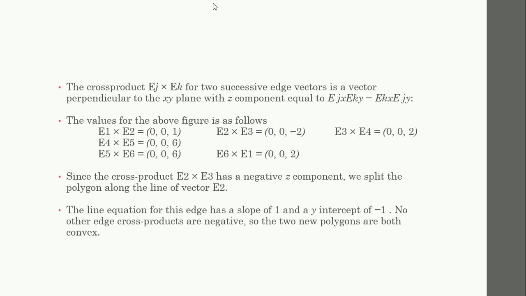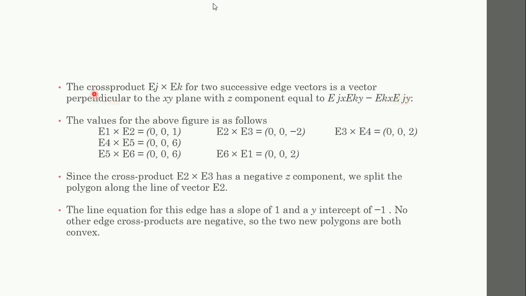So the cross product Ej cross Ek for two successive edge vectors is a vector perpendicular to the xy plane with z component equal to Ejx Eky minus Ekx Ejy, where j and k are the suffixes.